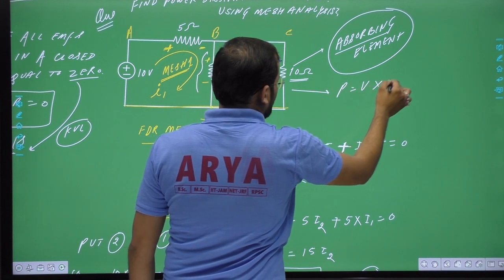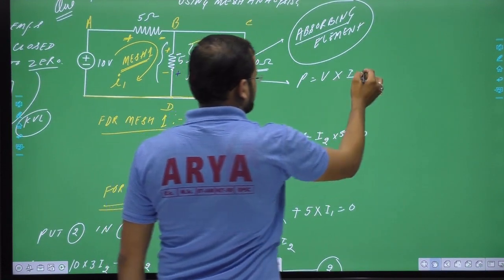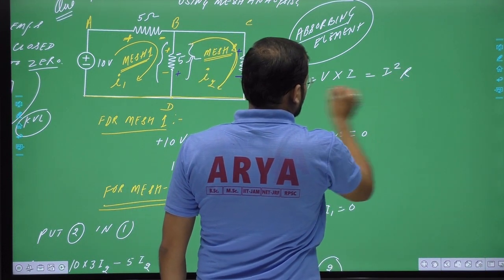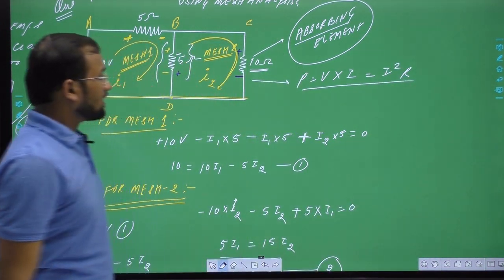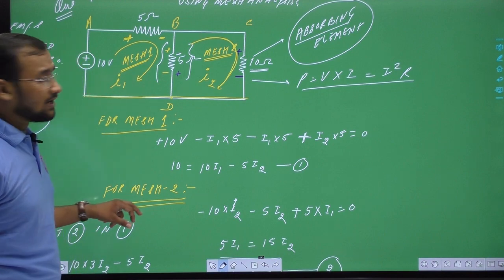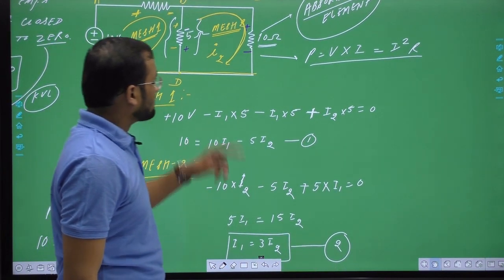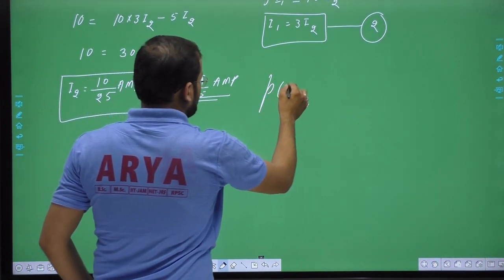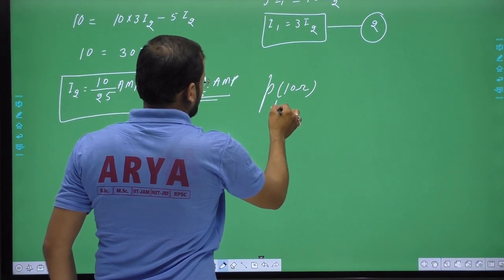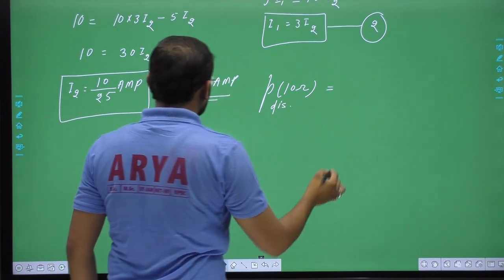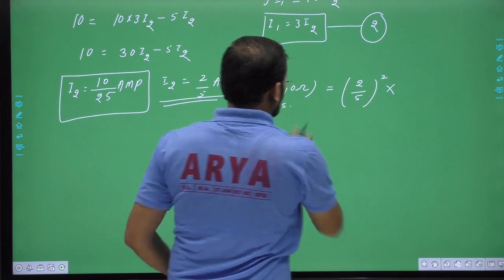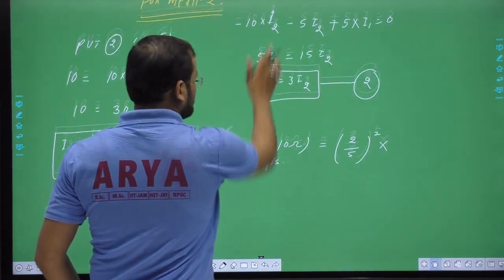As power is equal to V multiply with I, if we know the current through that element and the value of that element, then we can easily find the power. So power distribution across 10 ohm will be equal to 2 by 5 square multiply with 10 ohm.